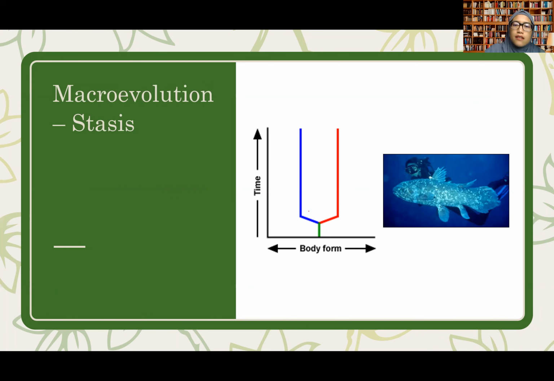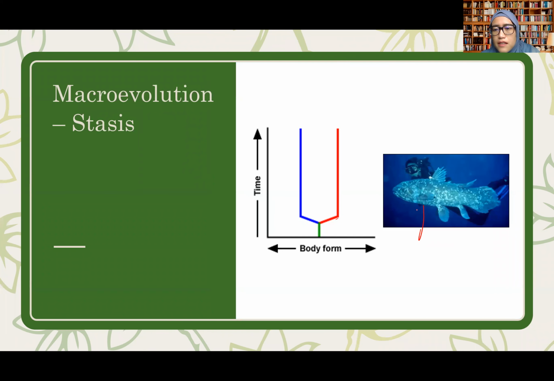So if you see here, the blue lineage just goes up like that. It doesn't go like that or like that, or produce more branches. It just goes straight. And also the red one as well, it just goes straight over time.